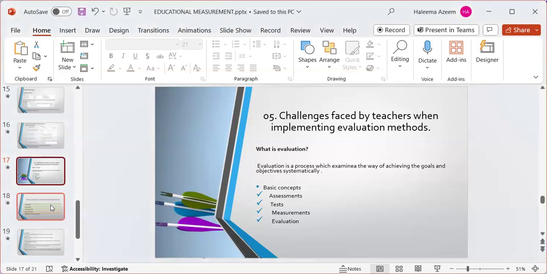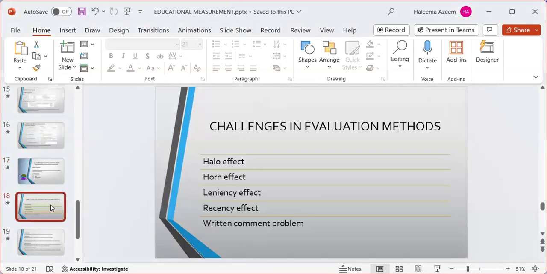I have found some challenges teachers face when giving marks to students. Most of the challenges were discussed by the groups here. I have found 5 challenges: halo effect, horn effect, leniency effect, recency effect, and written comment problem.